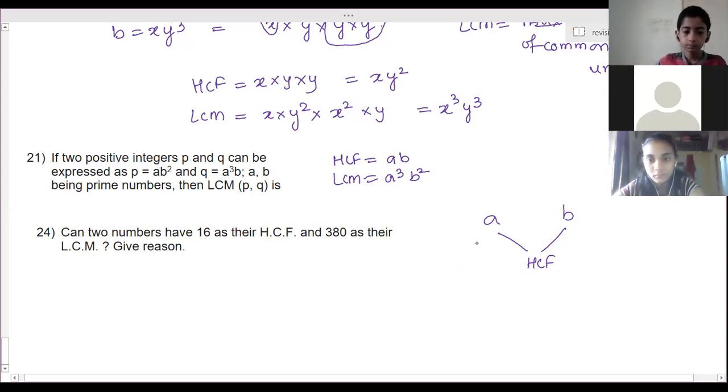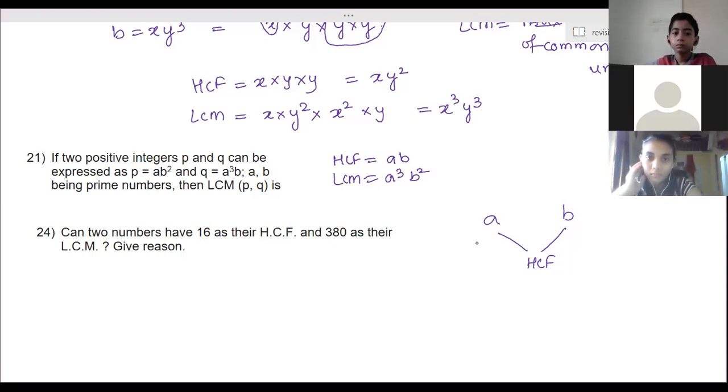Now what does LCM mean? Least common multiple. Common multiple. So that means a number which is a multiple of A and B both.